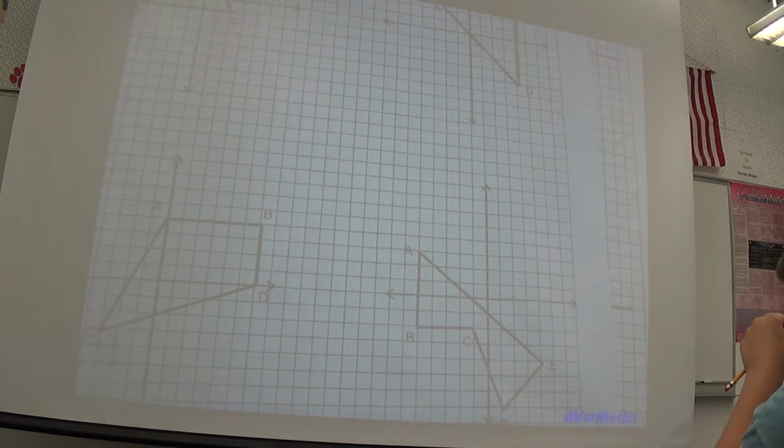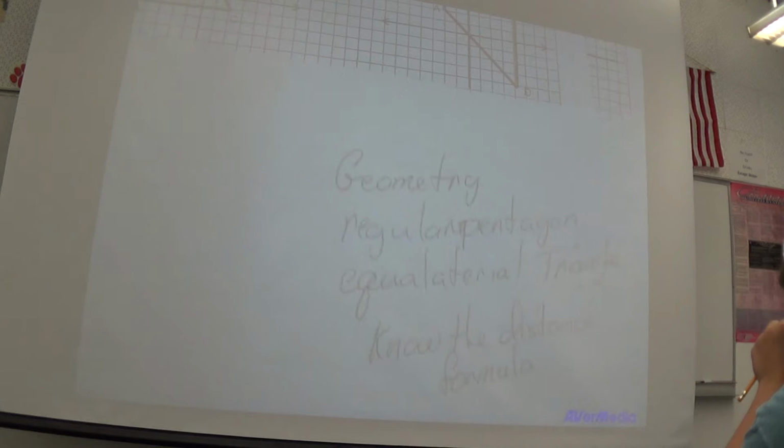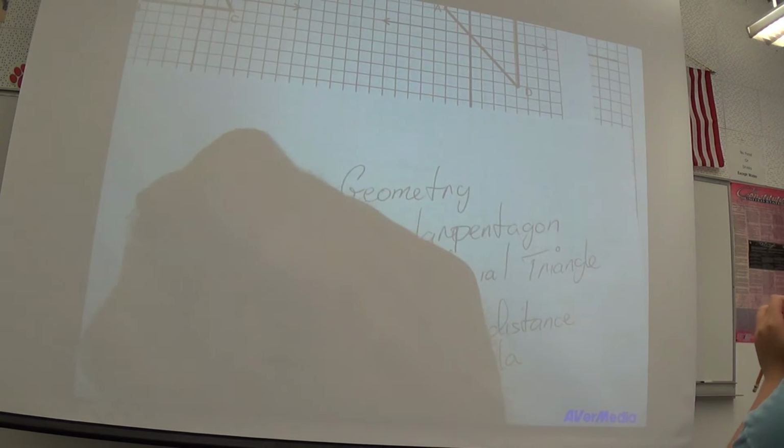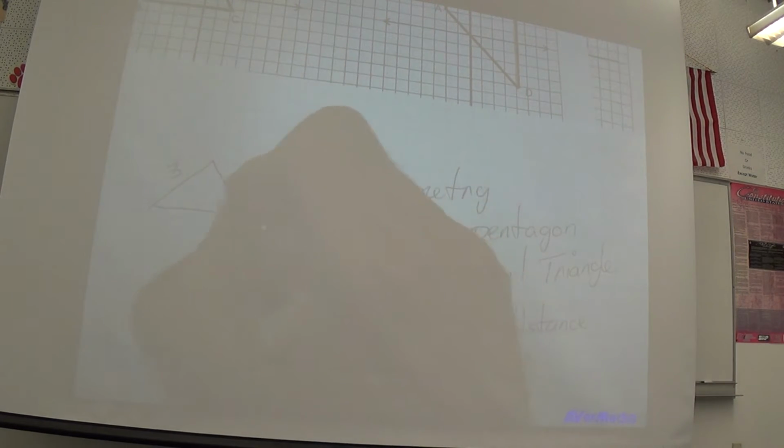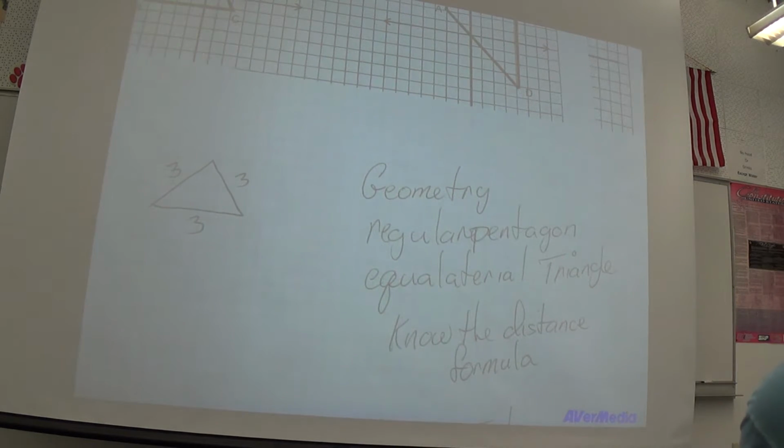That's what an equilateral triangle means: 3 sides of equal length. So if I have an equilateral triangle, and one side is 3, then I know that the other two sides are also 3.